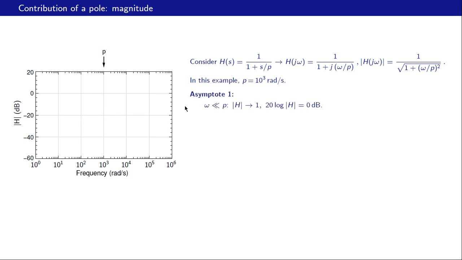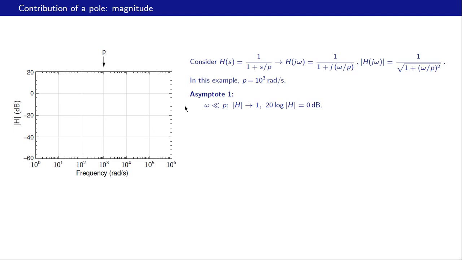A Bode plot is essentially an asymptotic plot. So what we do is plot the given function in certain limiting cases, and that gives us the asymptotes, and then we put these asymptotes together to obtain the overall picture.